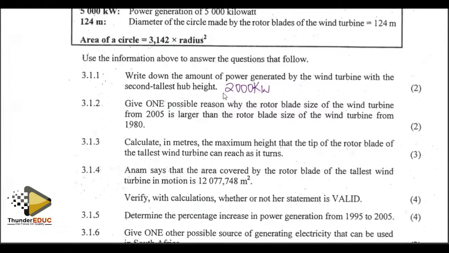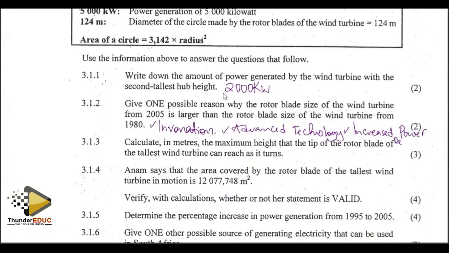Give one possible reason why the rotor blade size of the wind turbine from 2005 is larger than the rotor blade size of the wind turbine from 1980. Here we can say it's because of innovation and advanced technology. Someone can say it's because of the increased power demand. Someone would have said usage. You know, never leave such questions. Give one possible reason.